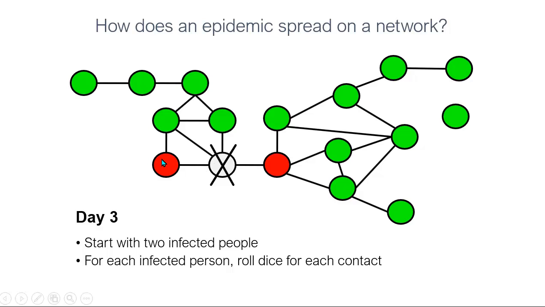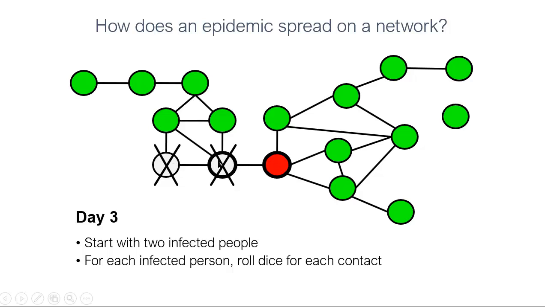All right, so now we do the same thing for each of the infected people. This person only has 1 contact. This person has 2 contacts. So he'd roll the die a total of 3 times, right? So we start with that one. Okay, that one doesn't get infected. This person is no longer infected because his infection lasts 1 day.